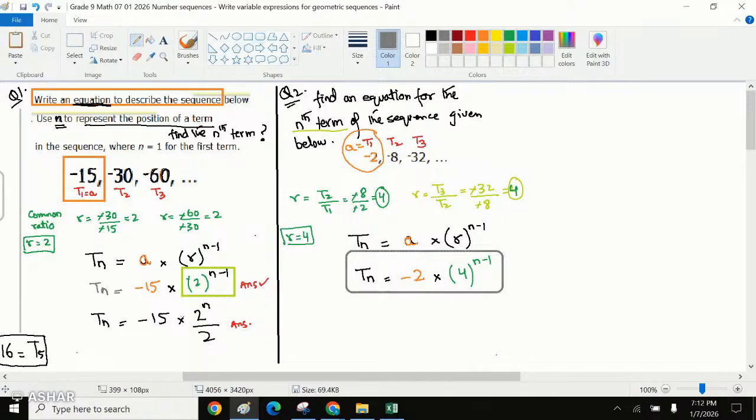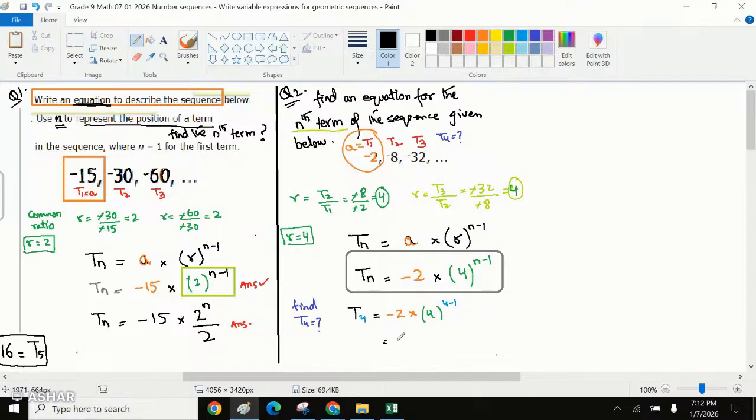But if the question says, let's suppose this same question said find term number 4, all we need to do is substitute the value of n by 4. T4 should be equal to -2 multiplied by the ratio that was 4, and since we were finding term number 4, this is 4 minus 1.